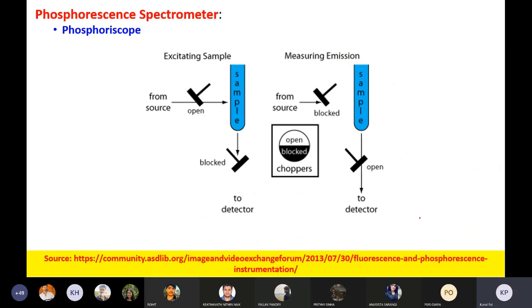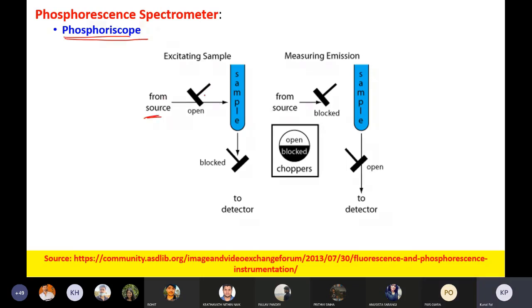Now coming to the phosphorescence spectrometer, it is also regarded as a phosphoroscope. Okay. So over here, what we have is the light source.